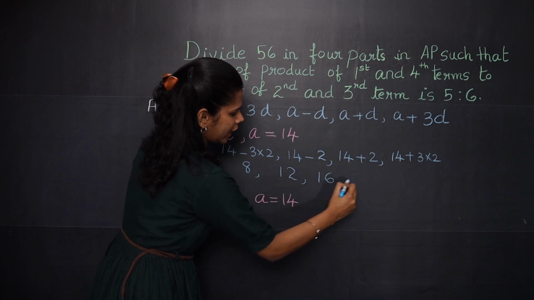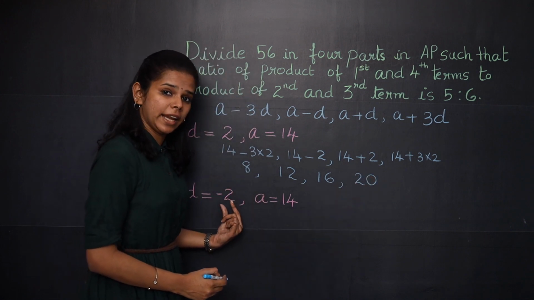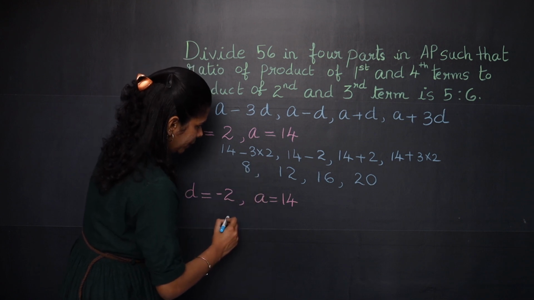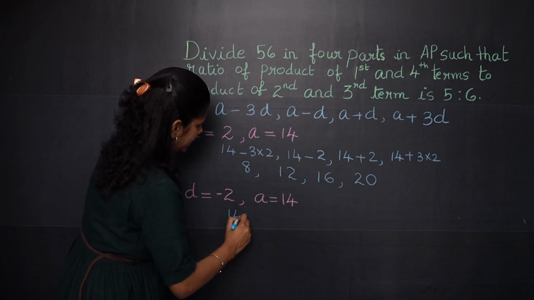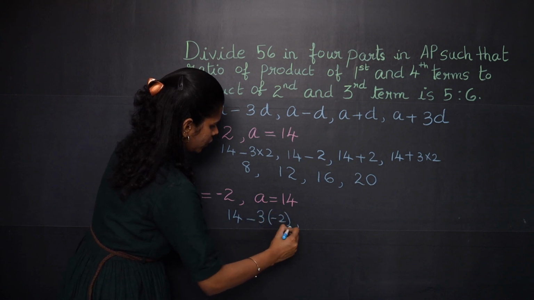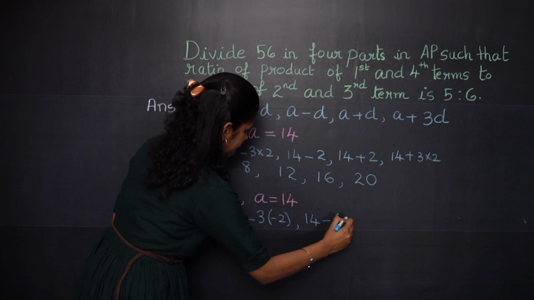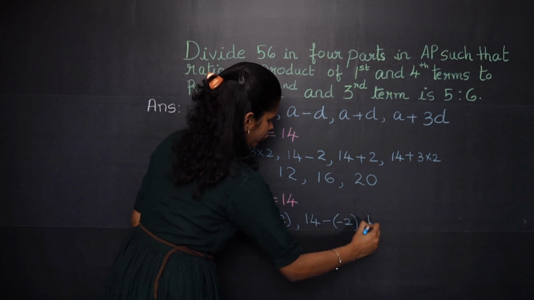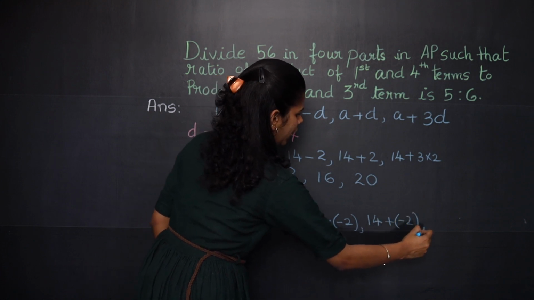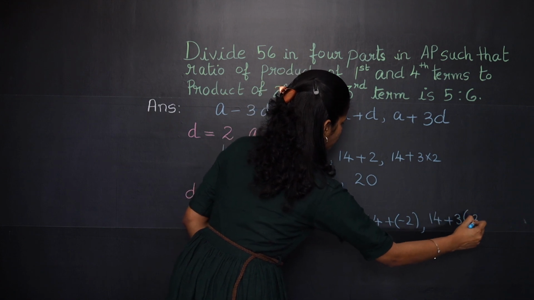16 and then 20. Here when d is negative 2 and a is 14, the parts will be 14 minus 3 into negative 2, comma 14 minus negative 2, 14 plus negative 2 and 14 plus 3 into negative 2.